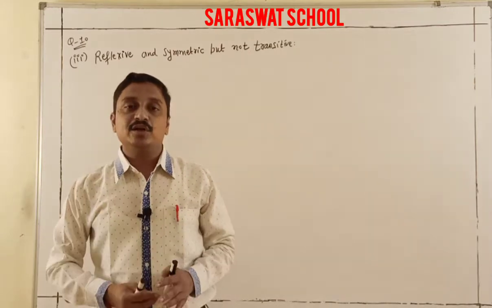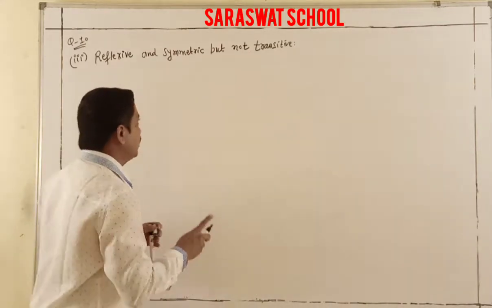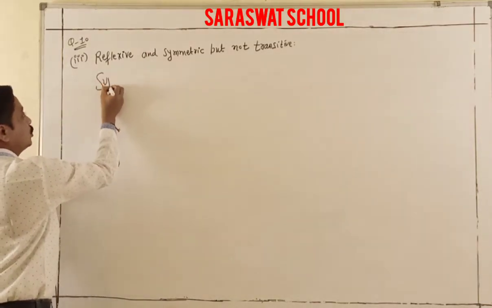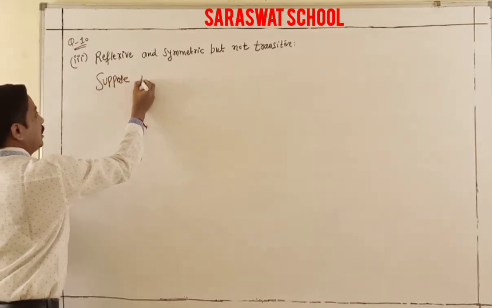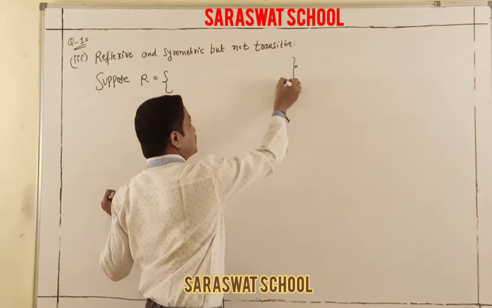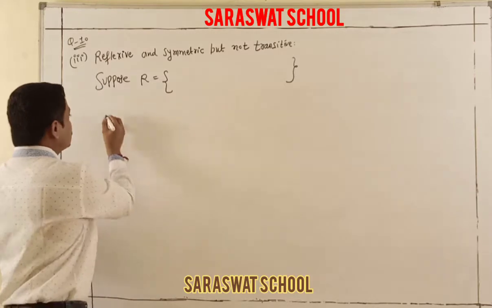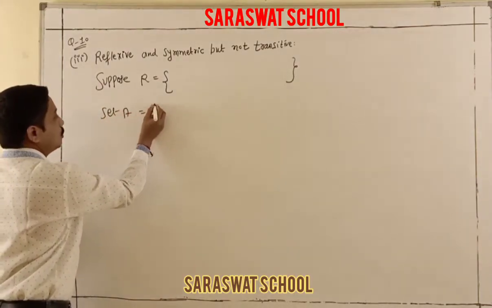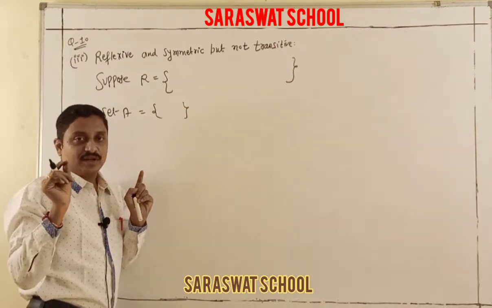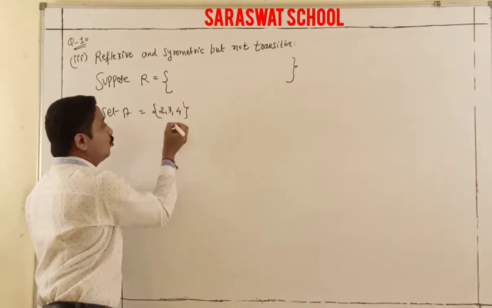Many answers are available, but I write down one particular example. Look here students, I have nothing written. First of all, I write a few numbers, like 2, 3, 4.